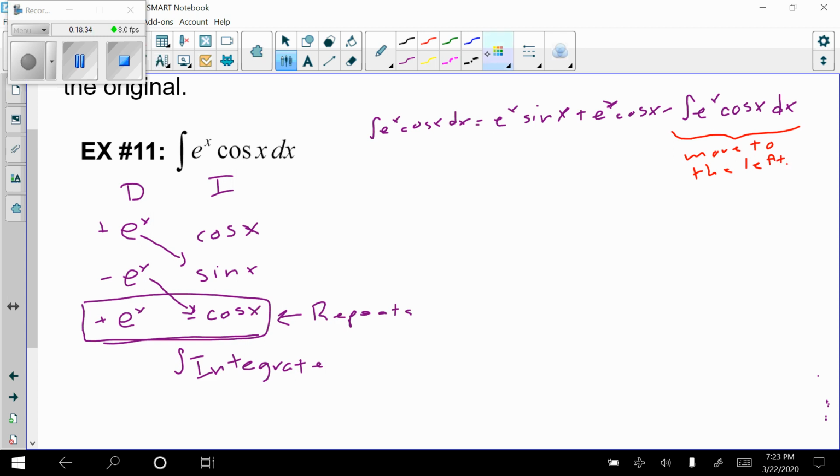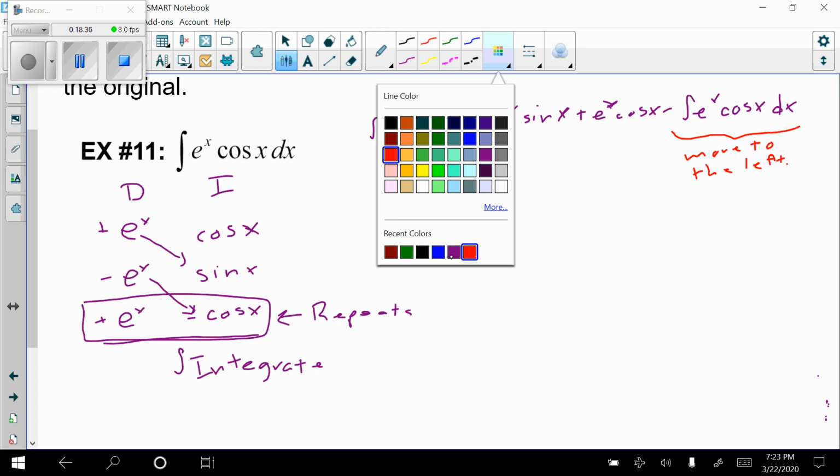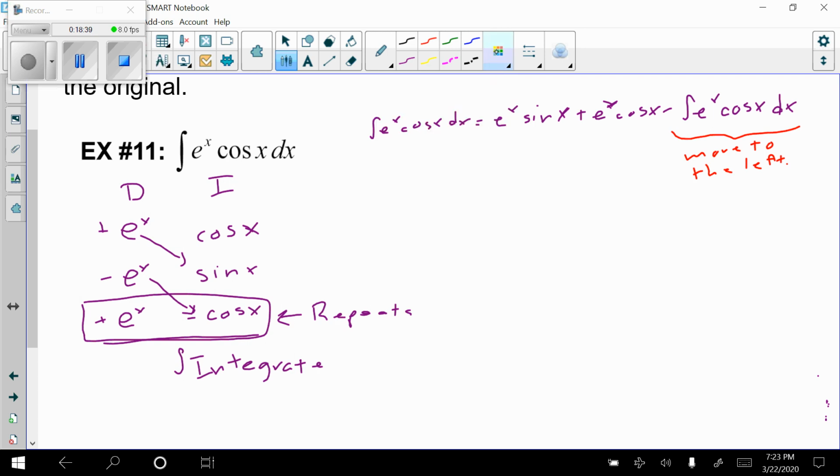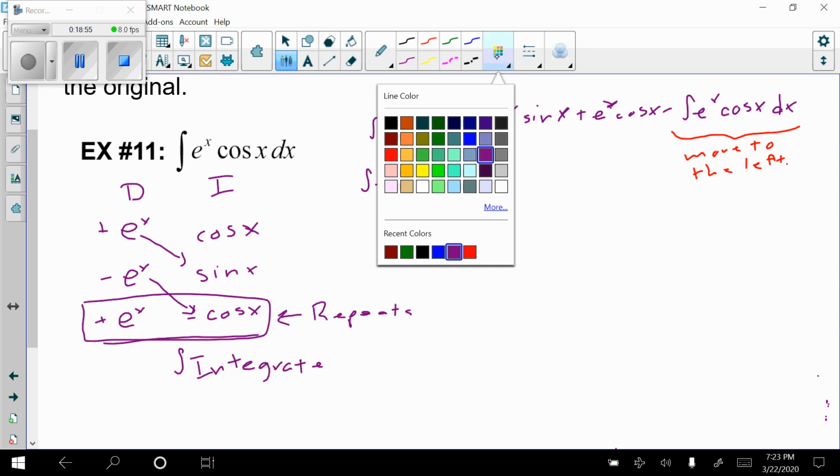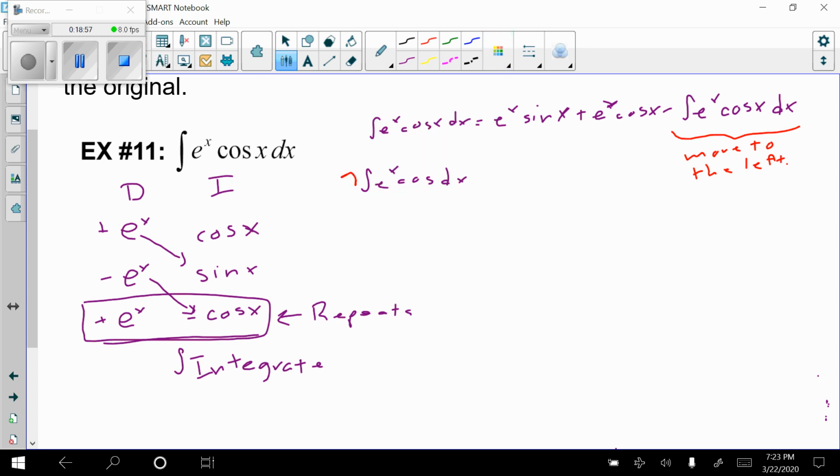And so that'll give me the integral of e to the x cosine dx. The reason why we're moving it is, if you notice, they're the same thing. So if I move that over through subtraction, that will give me 2 of the same expressions. Let me clean that 2 up a little bit. And it's going to be equal to what's left over.